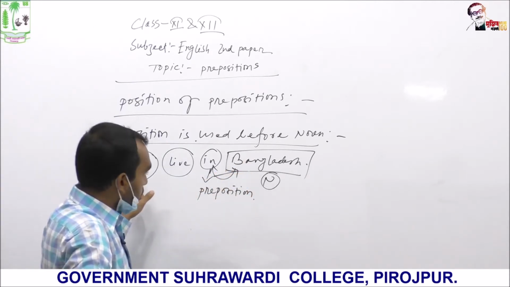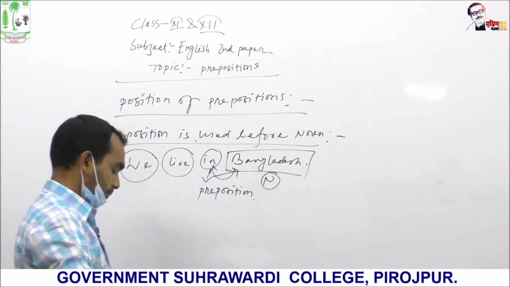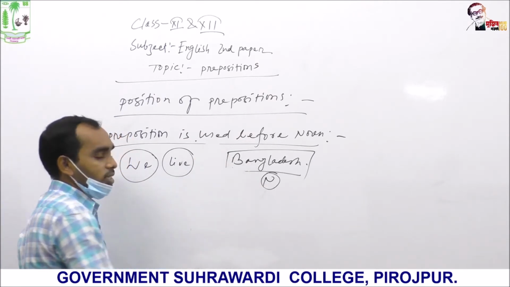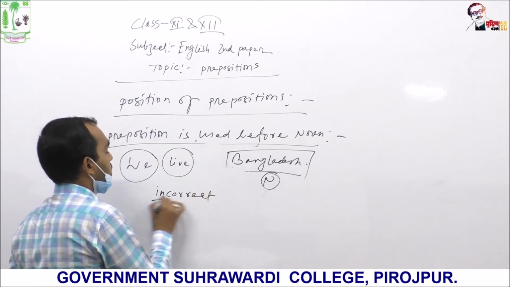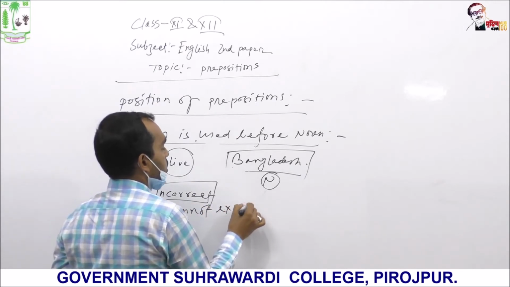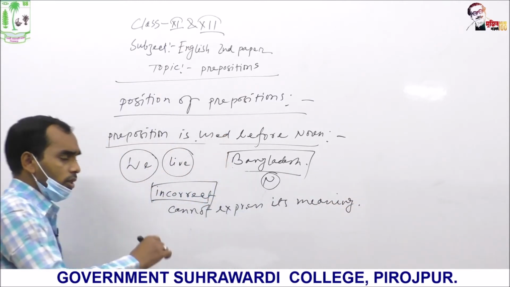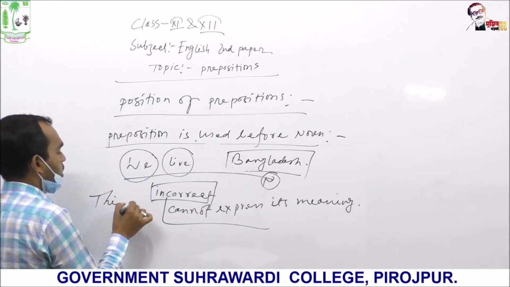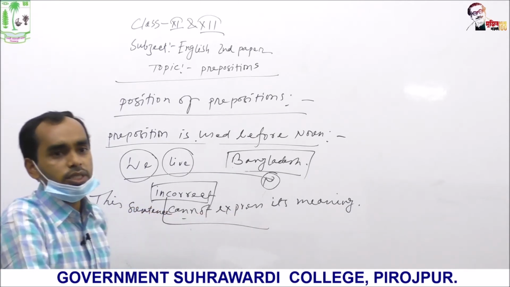So, preposition is used before noun, and if you omit this preposition from this sentence, then this sentence is incorrect, because without the use of preposition, this sentence cannot express its meaning.